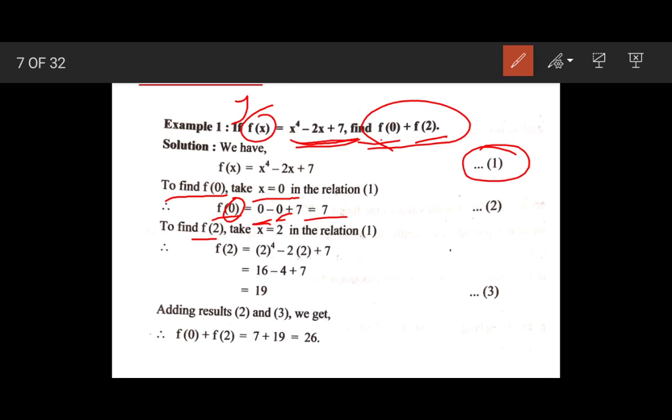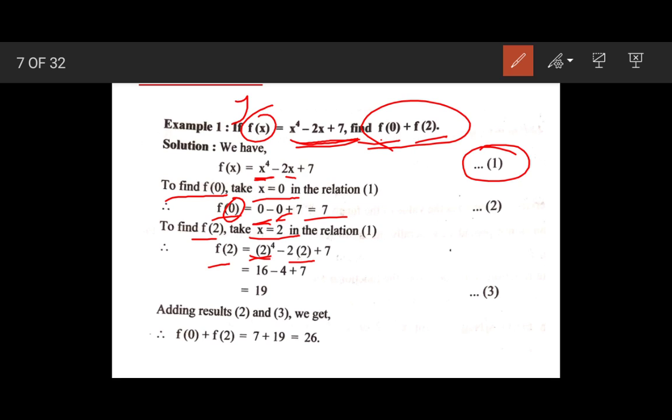In equation 1, I have to substitute x as 2. In place of x, I have to put 2. So f of 2 will be 2 square, then minus 2 into 2 plus 7.